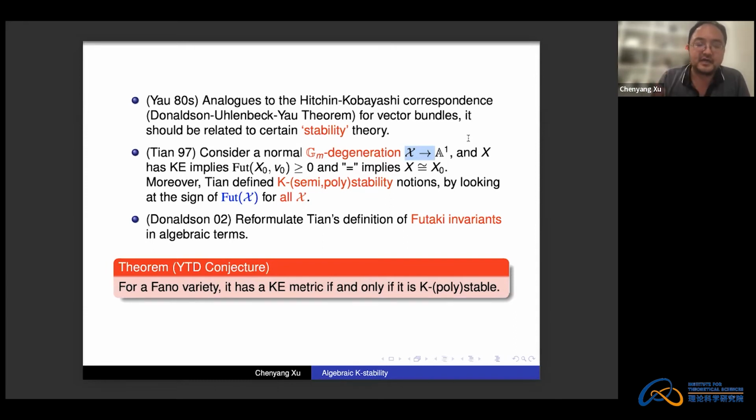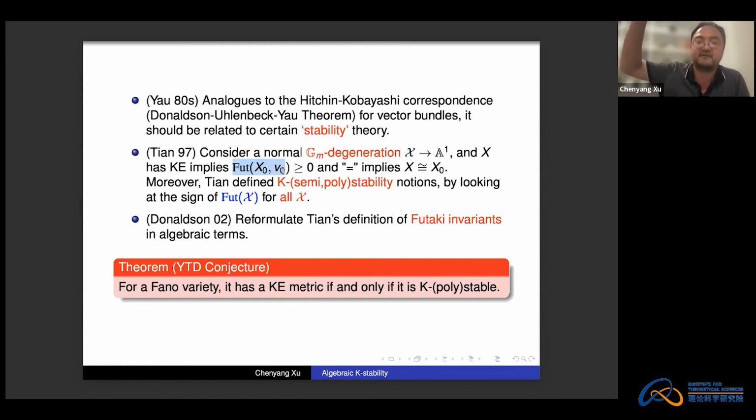Tian had the insight to say that we only need to look at the special fiber, such that the special fiber itself is also somewhat nice. For instance, it has normal singularities or even better singularities, so that we can also define the Futaki invariant on the special fiber. Remember, the special fiber has a G_m action because 0 is a fixed point.